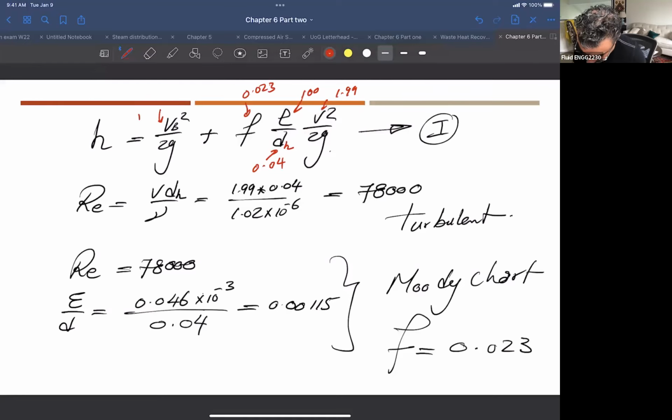The velocity here is 1.99. G is 9.81. So equation 1 will give you H equal to 4.1 meters.